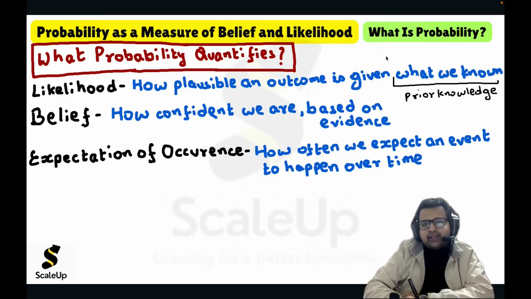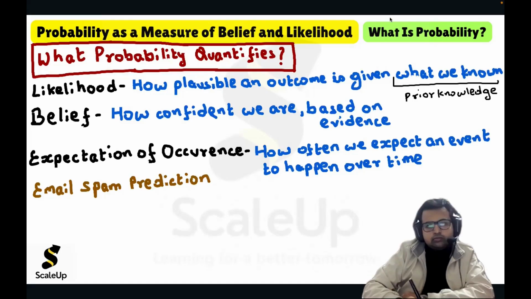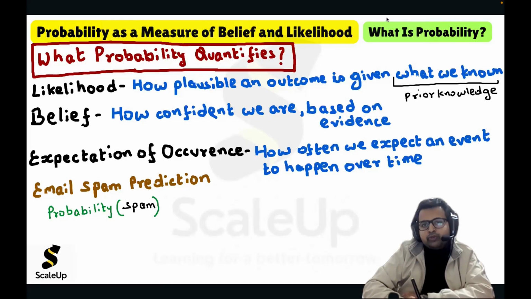If we look at the example of email spam prediction, the output of this email spam prediction is something like this. It is the probability of a spam email, and let us suppose it is 0.87.